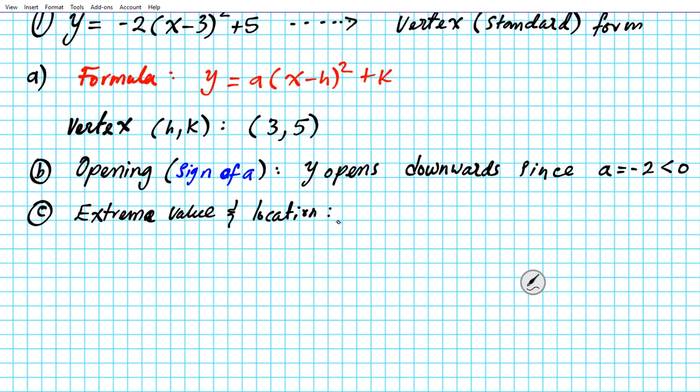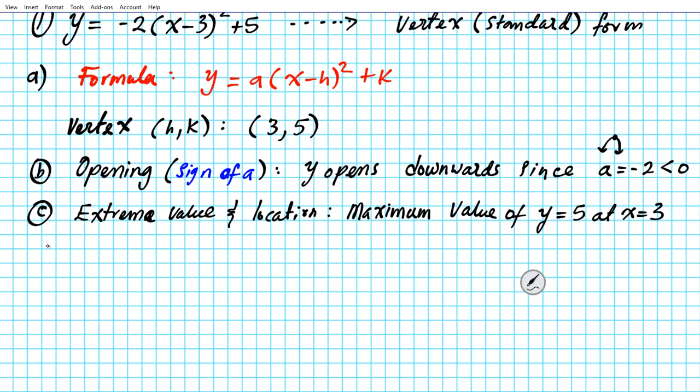This parabola opens downward, and if a parabola opens downward, it also tells us what kind of extreme we have. Since it opens downward, the vertex is going to be a maximum. So it has a maximum value of y equals the y coordinate of the vertex at x equals the x coordinate of the vertex.